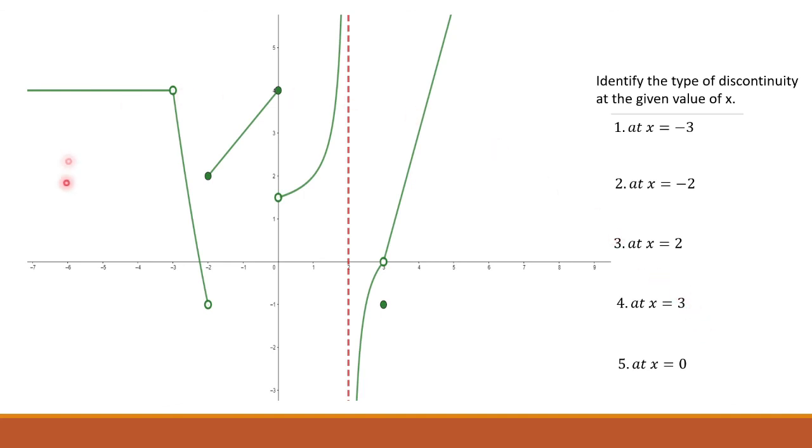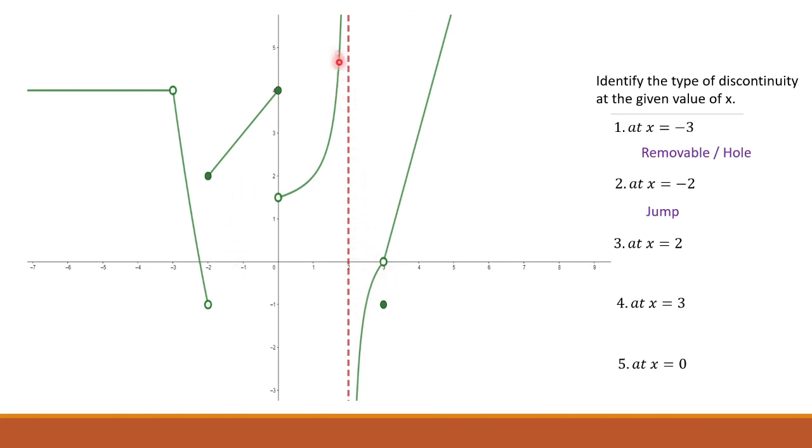So let us try to answer this exercise. Let us identify the type of discontinuity at the given value of x. At x is equal to negative 3, here the limit exists and we do not see any defined values. Therefore, this is removable. At x is equal to negative 2, there is a gap, so we have jump.